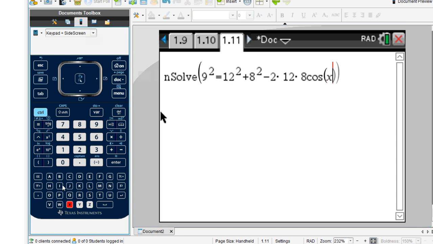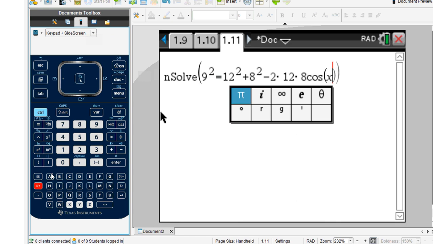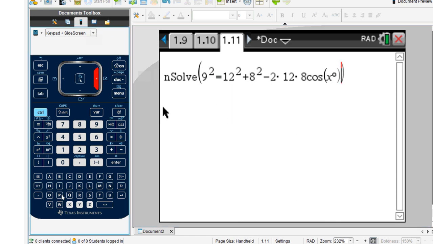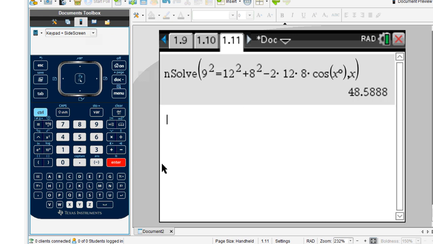And what I'm going to do here is I think I can put in degrees to get my answer in degrees. Okay, and then I can put comma x. I think I can get away with this. Just make sure you have things entered right. Law of cosines, enter.